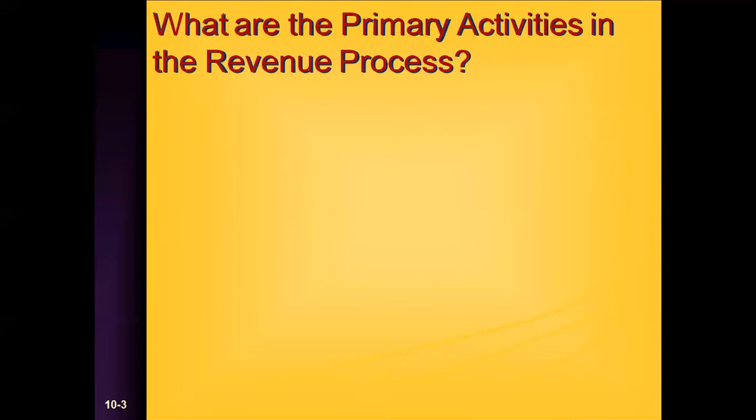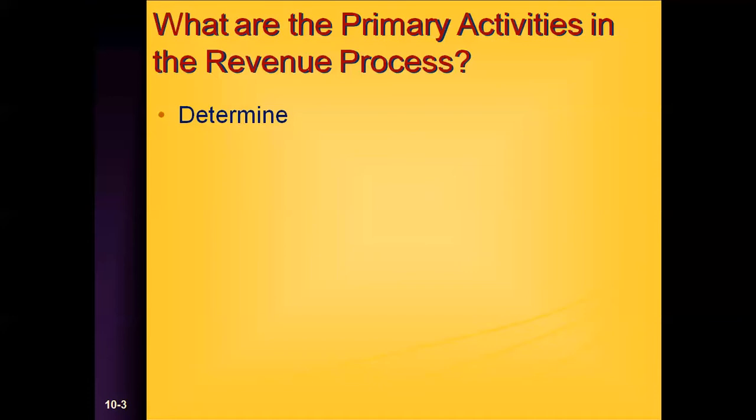So the first question is, what are the primary activities in the revenue process? And there's a variety here, right? Just as in the other two processes, the first is you determine what your marketing and distribution channels are going to be.